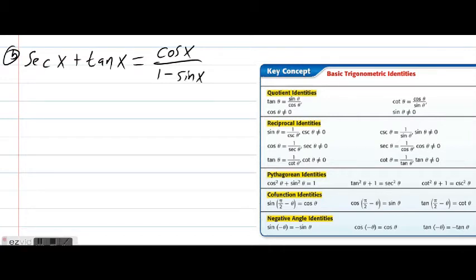Now, it does not matter which side you go with, but I want to show you guys this right side because I don't want anybody making the mistake of saying, oh, I can take this 1 and put it under cosine of x, and then taking this negative sign and putting it underneath cosine of x.